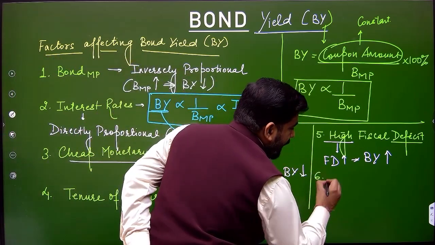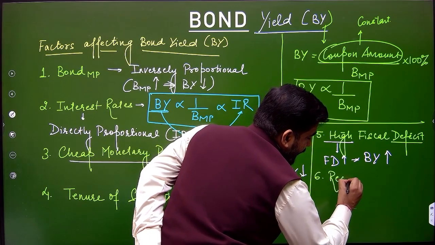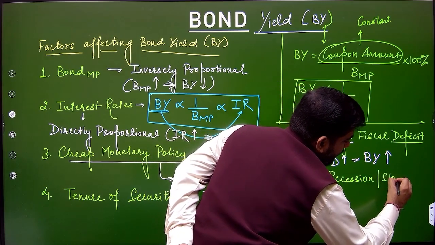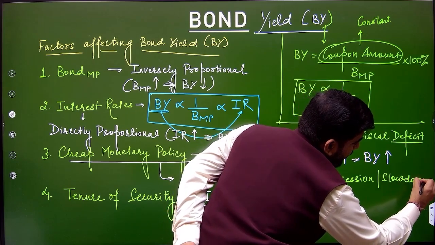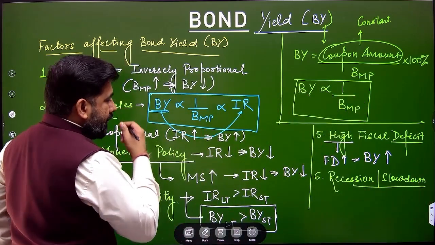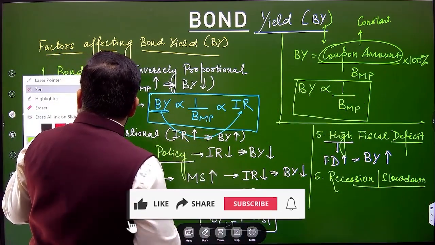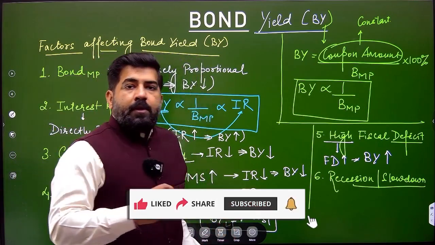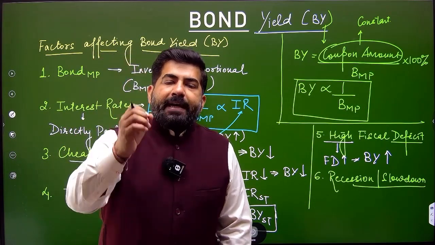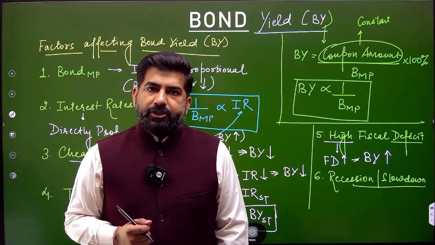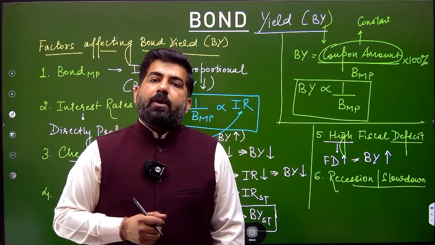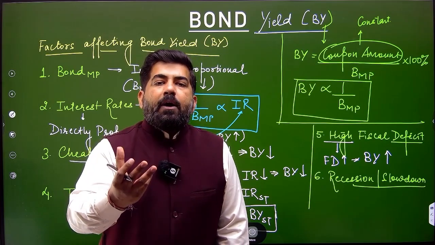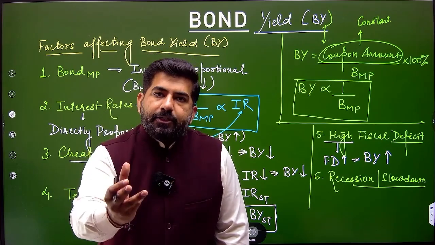Sixth, suppose during a recession position, a country is witnessing a recession or slowdown. Now tell me, in this case, what will be the kind of interest rates to deal with this recession? How will you tackle the recession? You will conduct a cheap monetary policy.